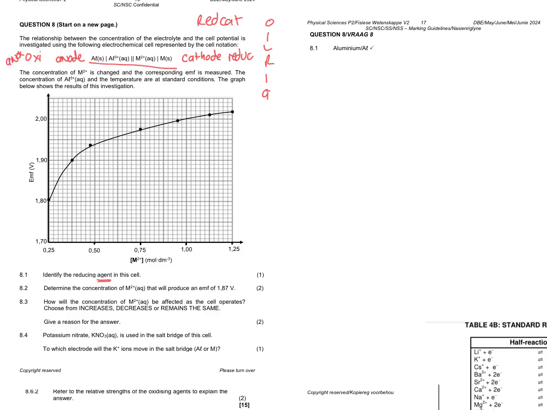Then for 8.2, that's quite a nice question. They're just asking me to read off the graph. I'm not sure I'm going to be able to, but 1.87. So 1.87, this is 81, 82, 83, 84, 85, 86, 87. It's this one here. And then if we go down from that one there, so that's 25, 26, 27, 28, 29, 30. No, this is halfway between these two.